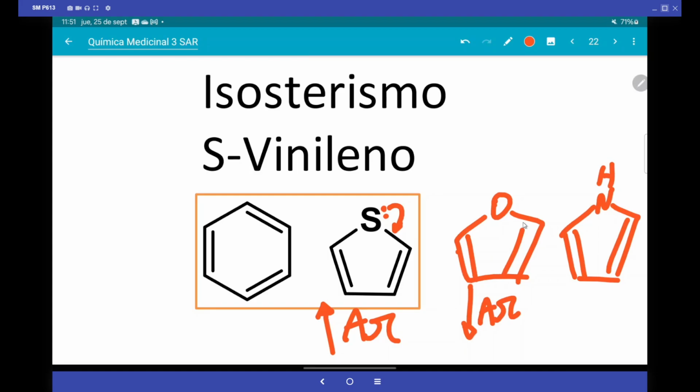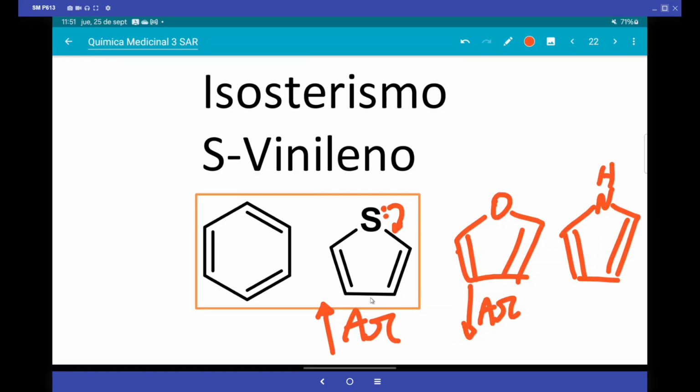In fact, it is quite reactive in some cases. It is quite polar. Also, the furan, as well as the pyrrole next to it, is the least aromatic. So if I am looking for a strong isostere, I will not think about this as my first choice. If I cannot put benzene, I would have to put a thiophene.